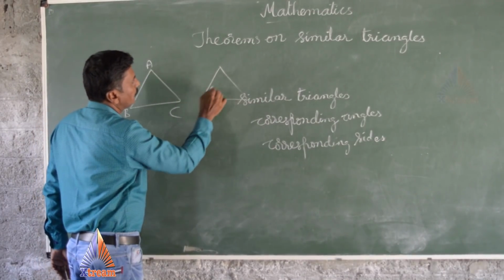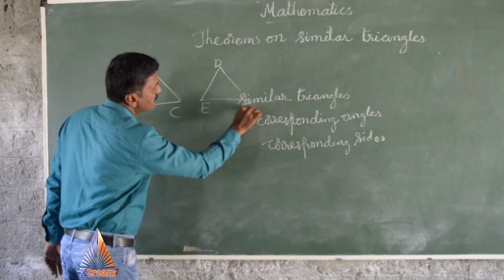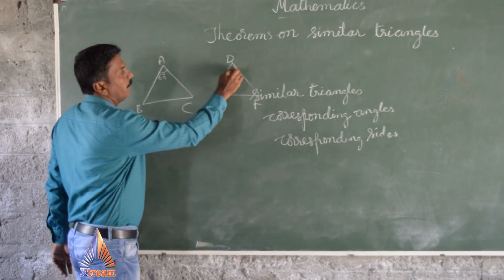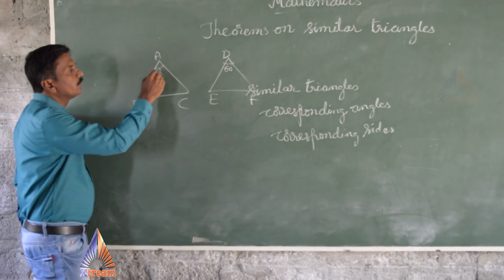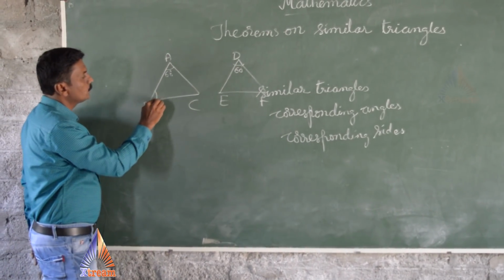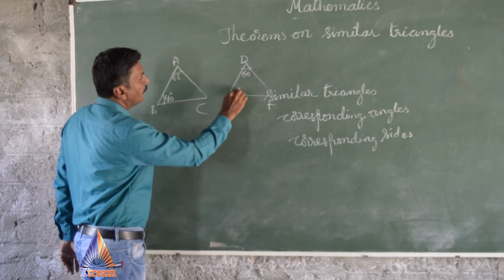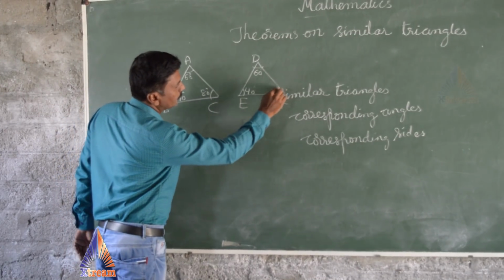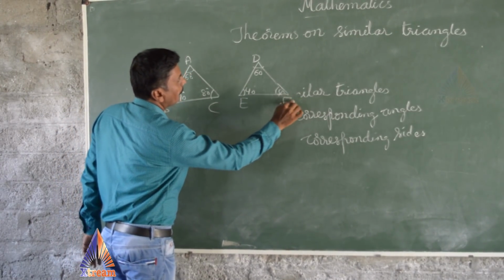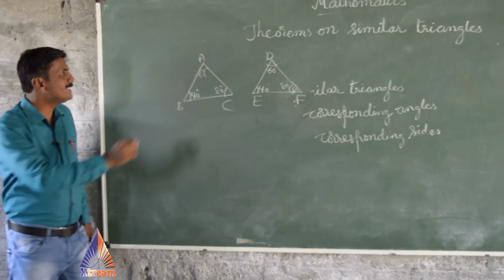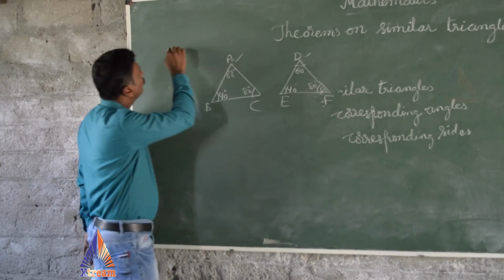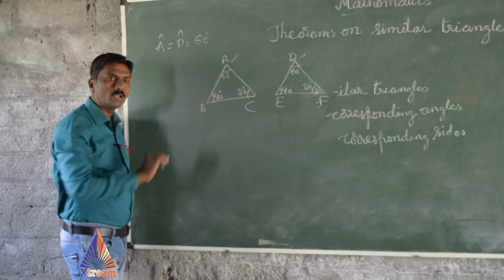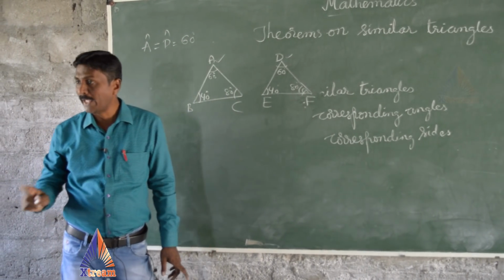Here you see two triangles, ABC and DEF. In these two, angle A and angle D are equal to 60 degrees, angle B and angle E are equal to 40 degrees, and angle C and angle F are equal to 80 degrees. That means angle A and angle D, which are equal to 60 degrees, are called a pair of corresponding angles.